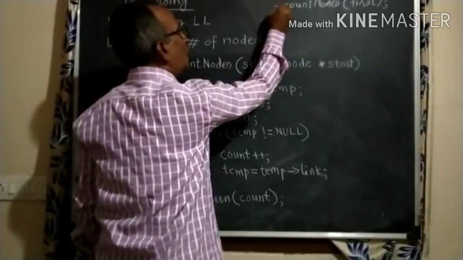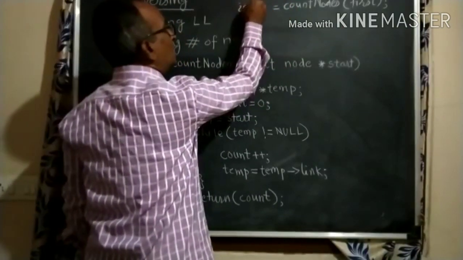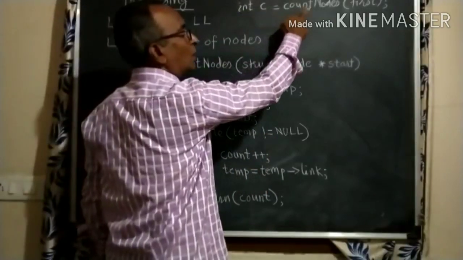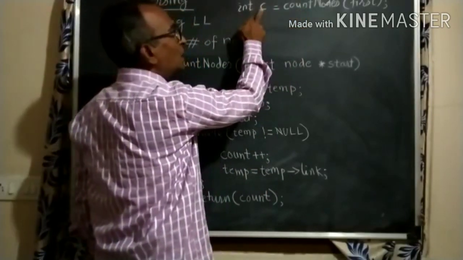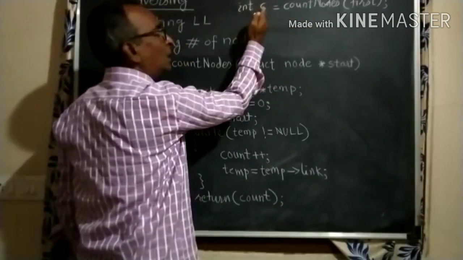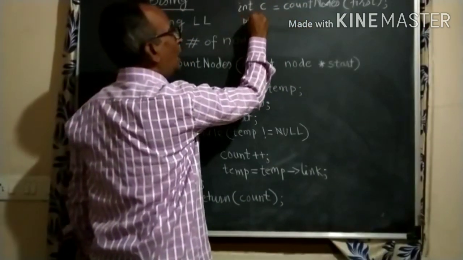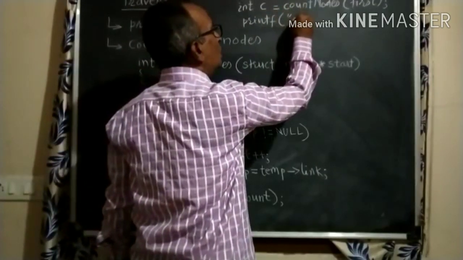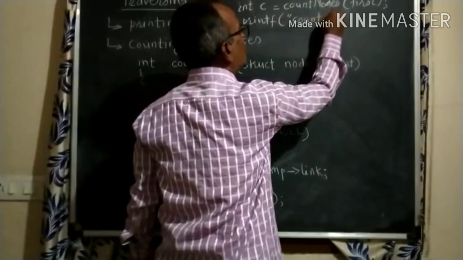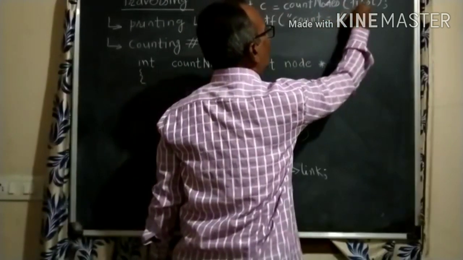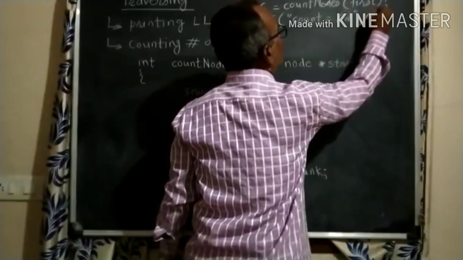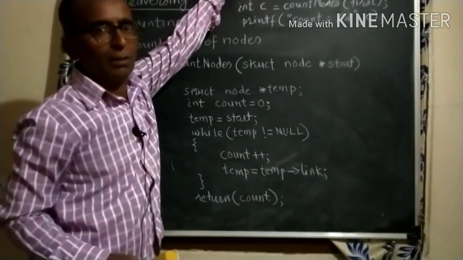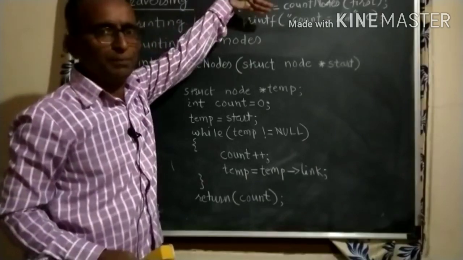That integer I'll collect in some C. So this is in the caller. This is called, and then the count will be returned to C, and I can now print the number of nodes: count is equal to %d, and here C. So this code will be in the caller, from wherever you call.